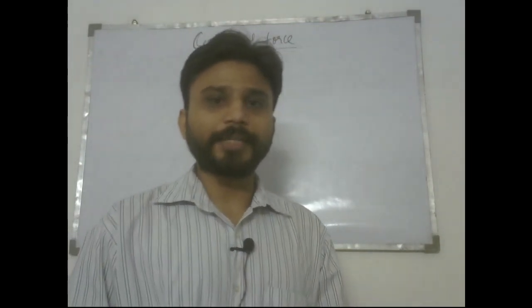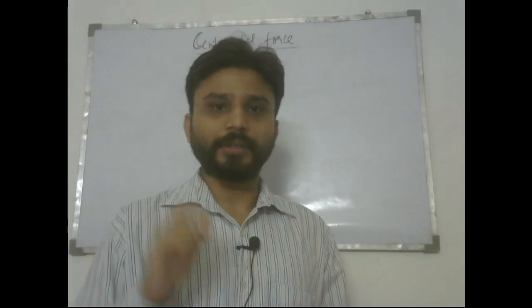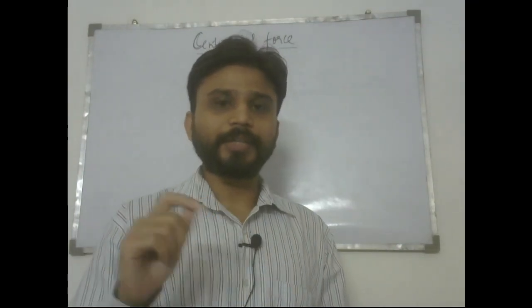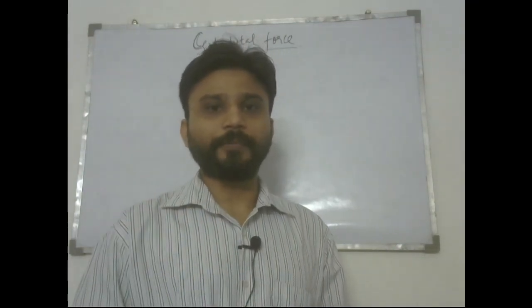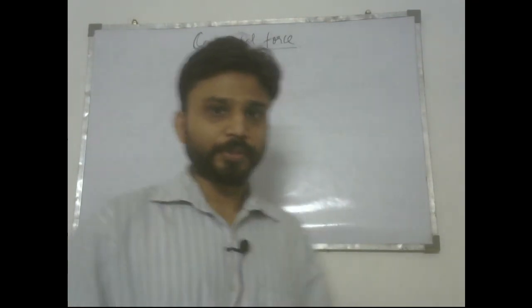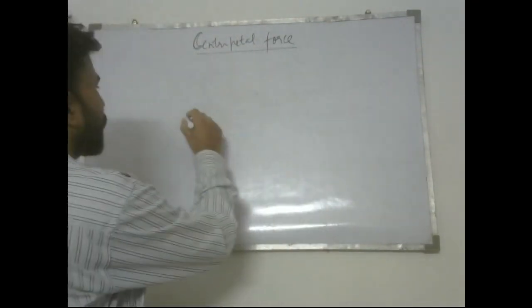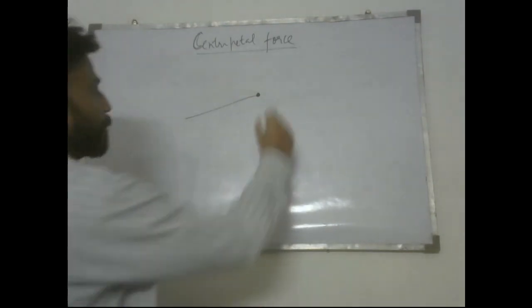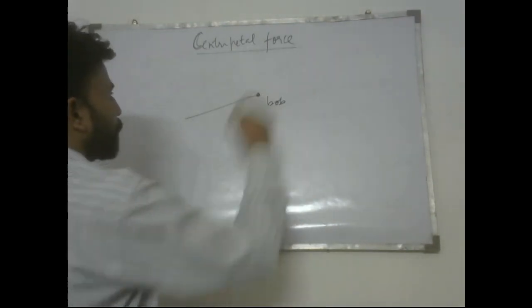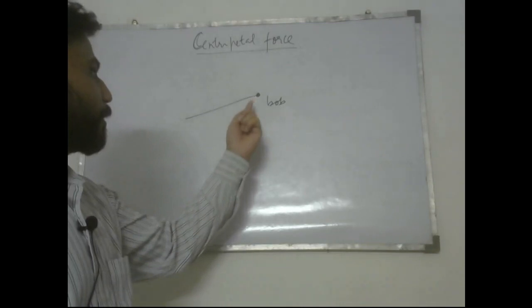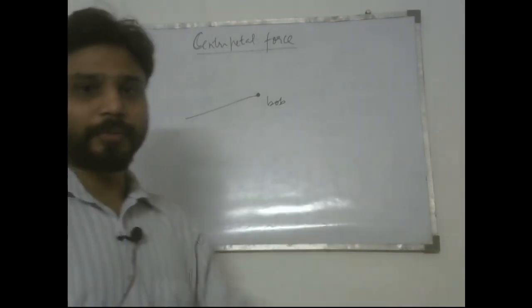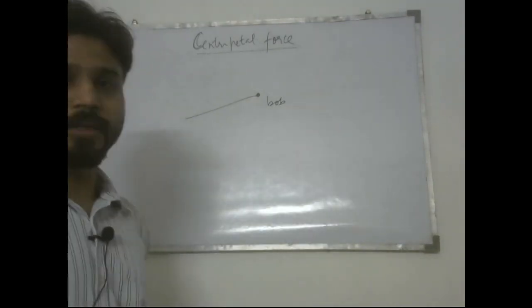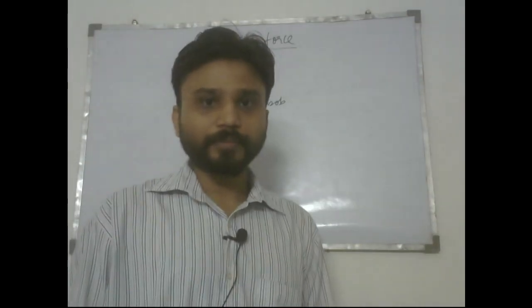For example, let us take the case of a particle being whirled in a circle when it is attached to a string. Let us attach a particle to a bob. This particle, we have named the bob, and this bob is connected to a string.